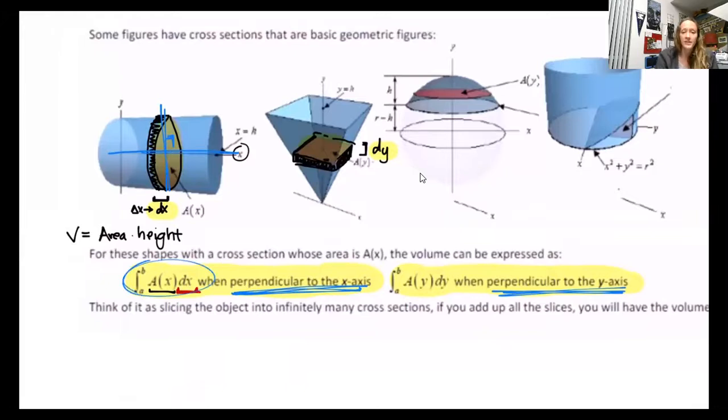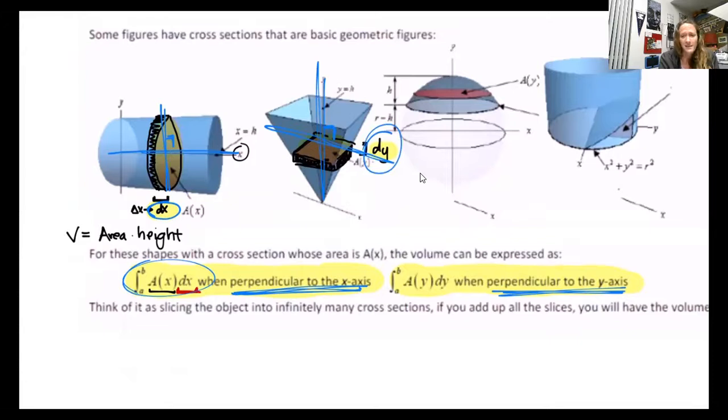Now if you look at the other guy, he's slicing the other direction, so that slice is perpendicular to the y-axis instead. If I look at that y-axis, there we go, there's that right angle. That slice that goes in that perpendicular direction is always going to lead us to that dy, as long as we're accumulating slices, and that's how we're doing volume, which is what these formulas are both built upon.